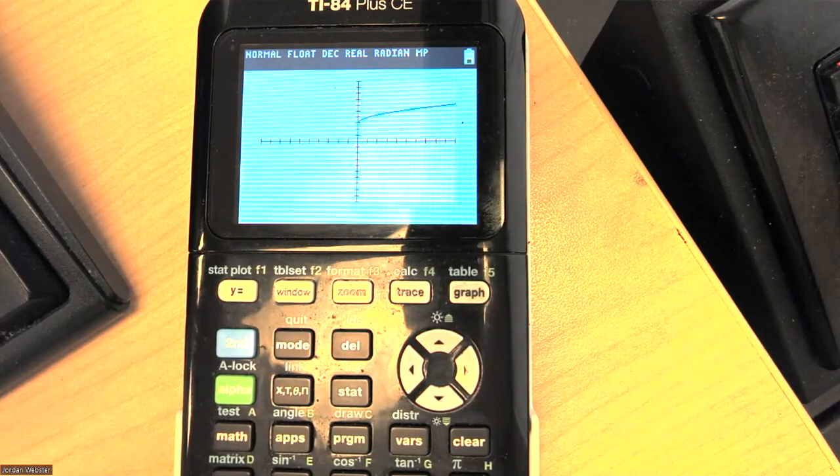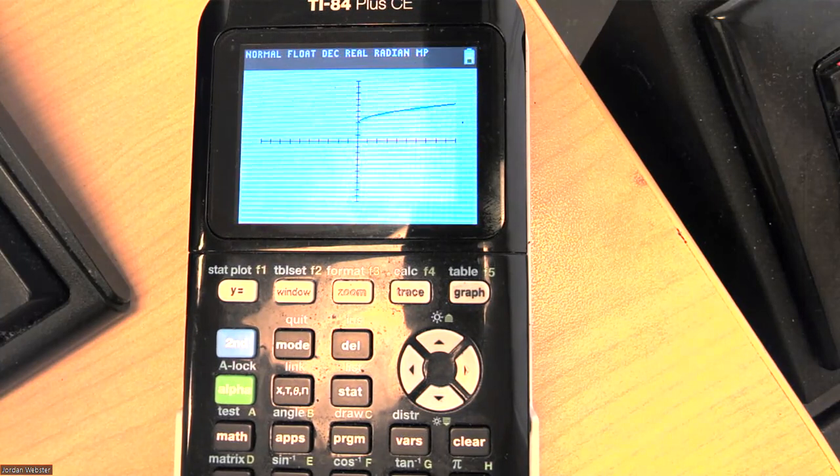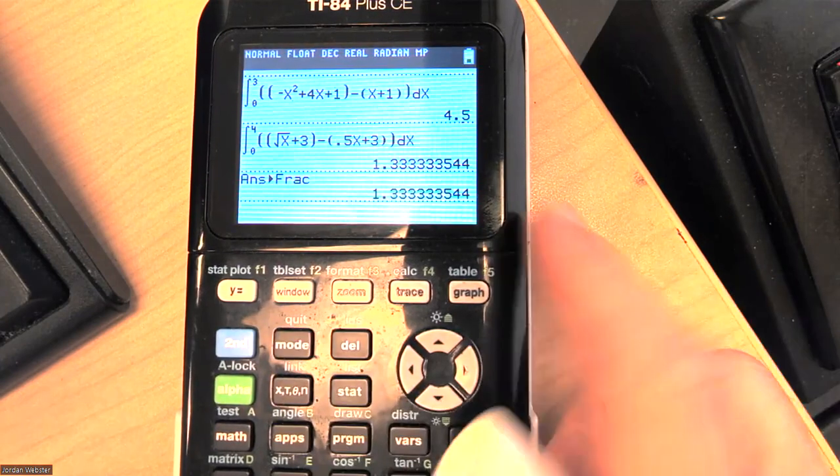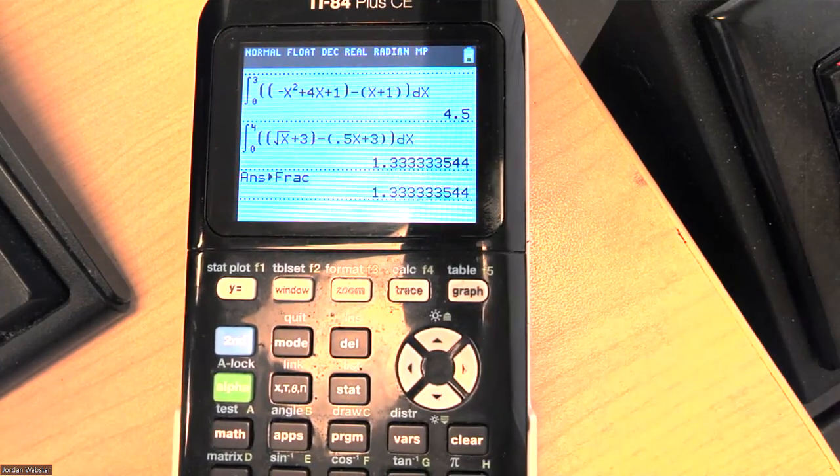And so that kind of throws the calculator for a weird loop. And then when you get to the integration, it gets thrown off by a little bit.